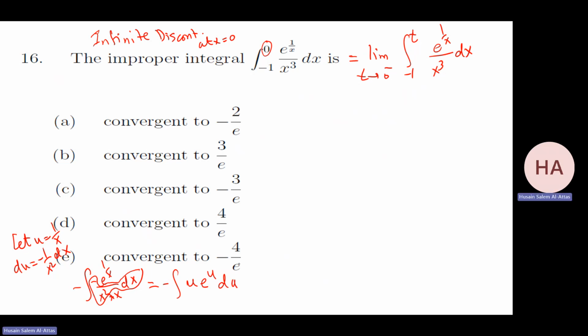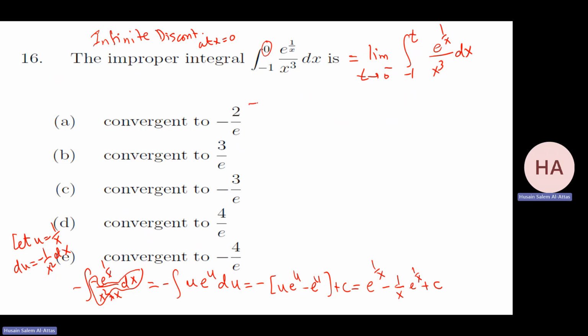To do that, I need integration by parts. And also I know it. It's what? u e^u minus e^u. Is it? Check. I have e^u plus u e^u minus e^u. Yes, that will be correct. Plus C. So actually it is e to the power 1 over x minus 1 over x e to the power 1 over x plus C.